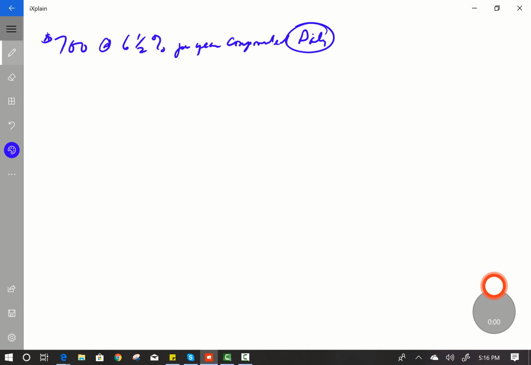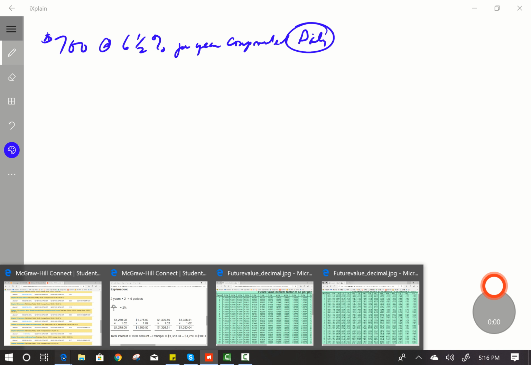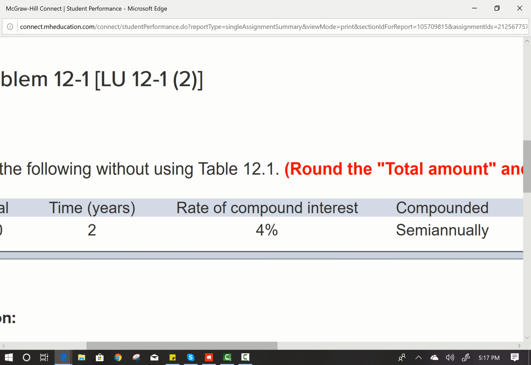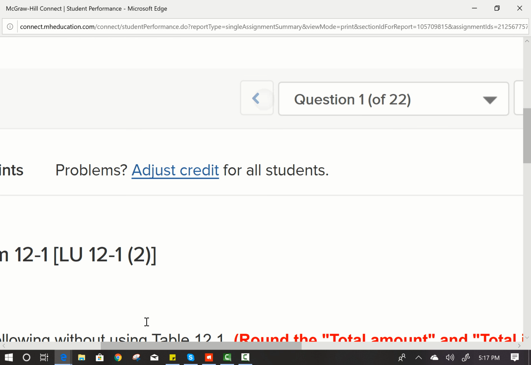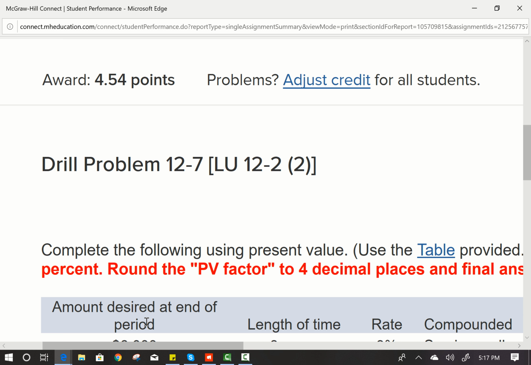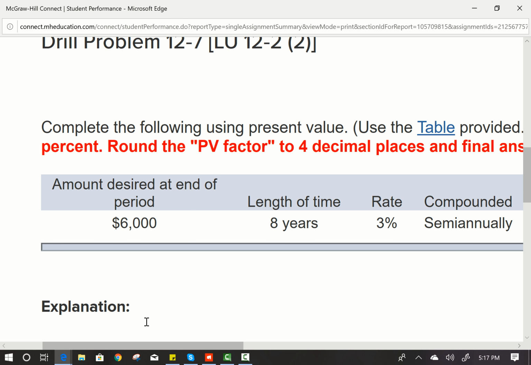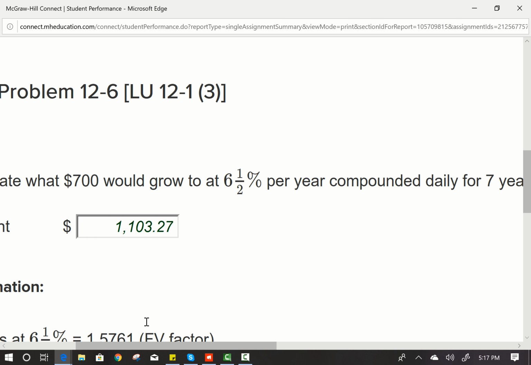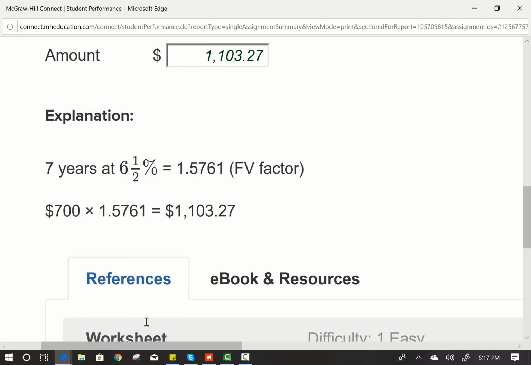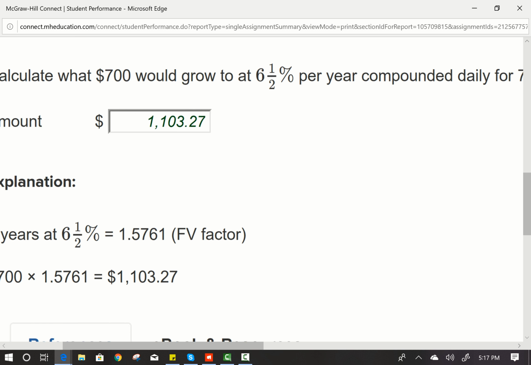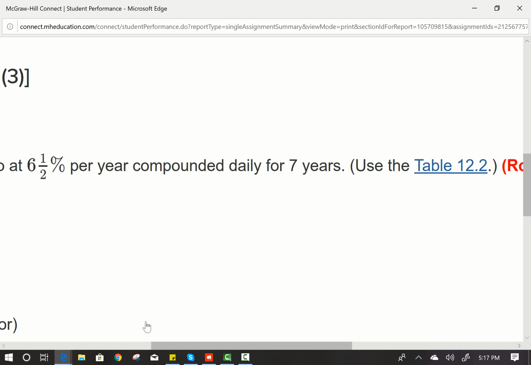Okay, let's see if I can find a daily chart on this one. Okay, nope, that's not it. Okay, yeah, this is it right here. And so with the compound daily chart, let me grab this one right here.